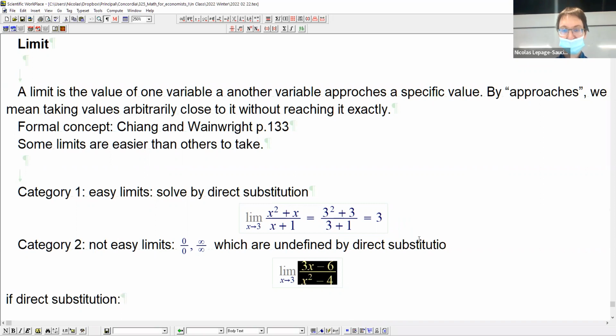so I get 9 minus 6, so that's 3. And here I have 9 minus 4.